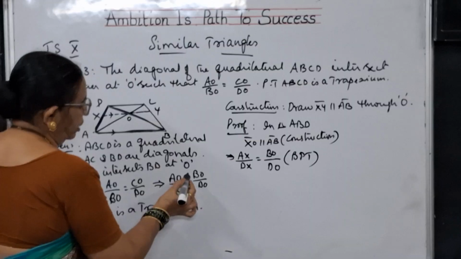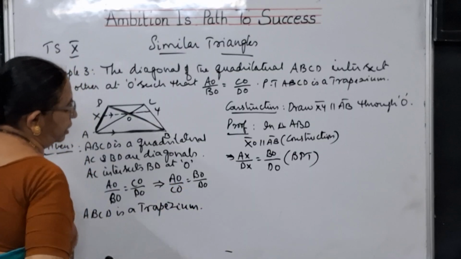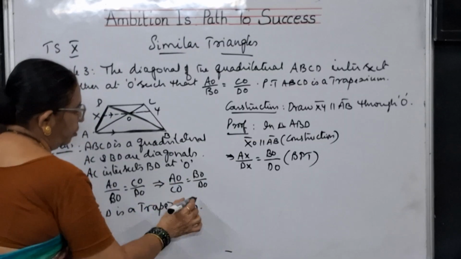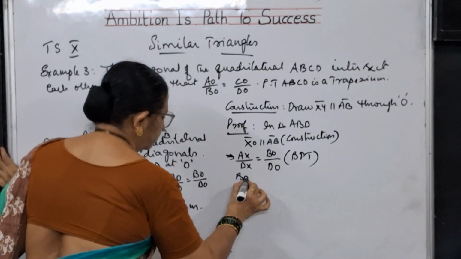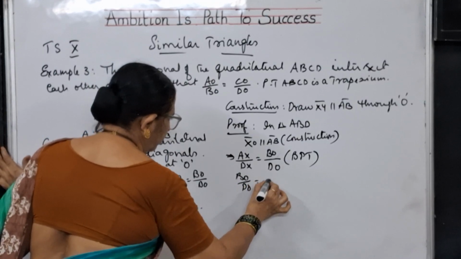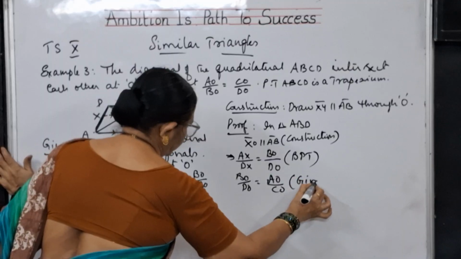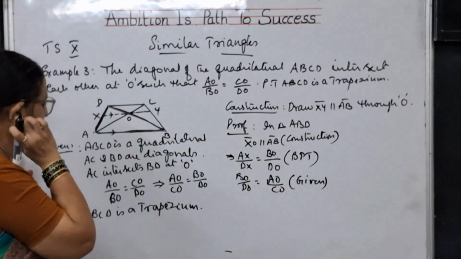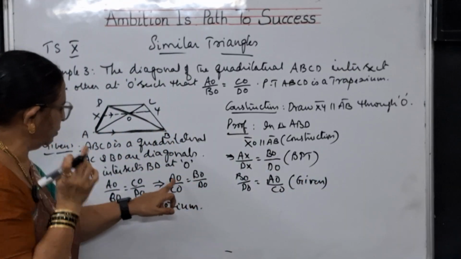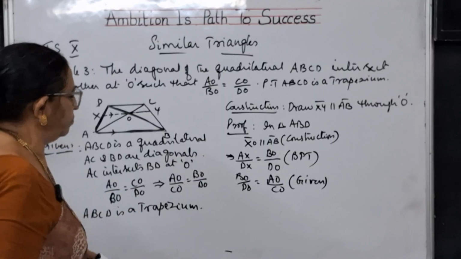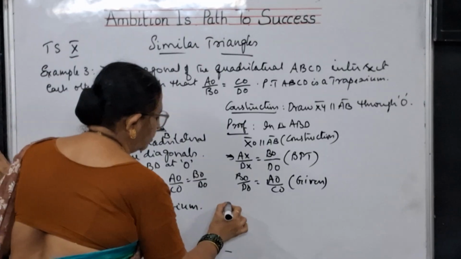But what is BO by DO? BO by DO is equal to AO by CO. This is given to us. Yes or no? You can see, BO by DO is equal to AO by CO. What does this imply?